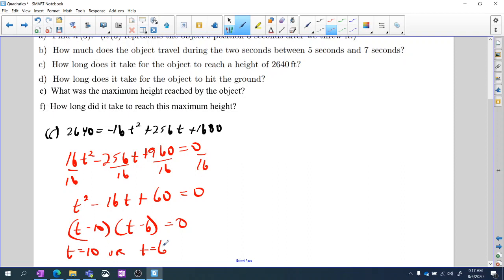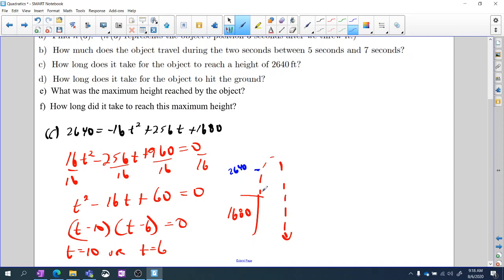Now, what was the question? How long does it take for the object to reach a height of 2640? Now, you say, why are we getting two answers? I want you to think about what happened. They were on a building that was 1,680 feet high. They threw it up in the air, and it came back down. 2,640 feet was up here somewhere. So let's suppose this was 2,640 feet.